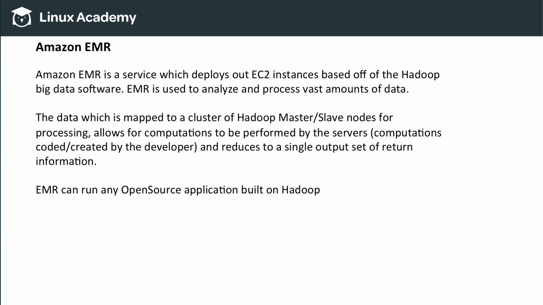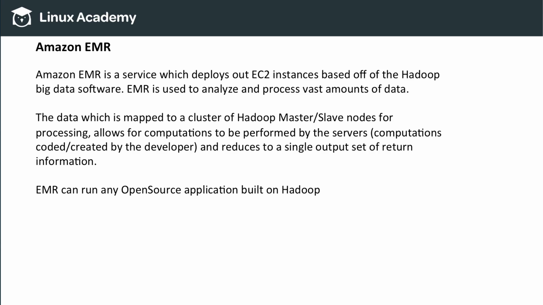Now, the data is mapped to a cluster of Hadoop master and slave nodes for processing. It allows for computations to be performed by the servers or the nodes. These are the slave nodes. The computations are performed in what are called mappers and reducers. These mappers and reducers are logic that's created or coded by a developer.